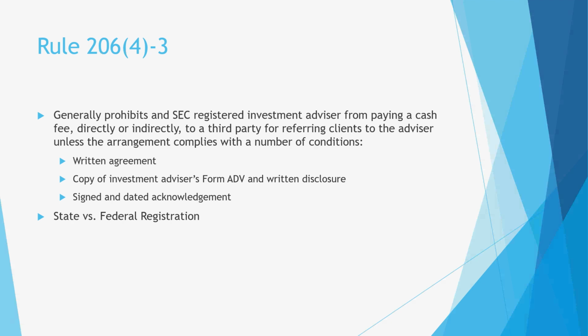Second of all, in order to properly have a solicitor, at the time of any solicitation, the solicitor has to provide the prospective client with a copy of the advisor's brochure and then a separate written disclosure document that discloses the solicitor is being compensated for referring or recommending the advisor, and the terms of that compensation. That would include any additional amounts the client will be charged by the advisor as a result of the referral arrangement.